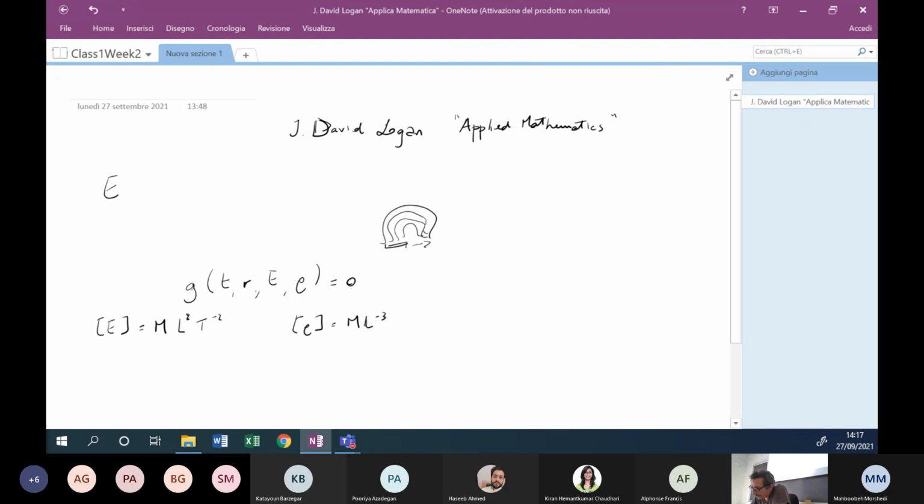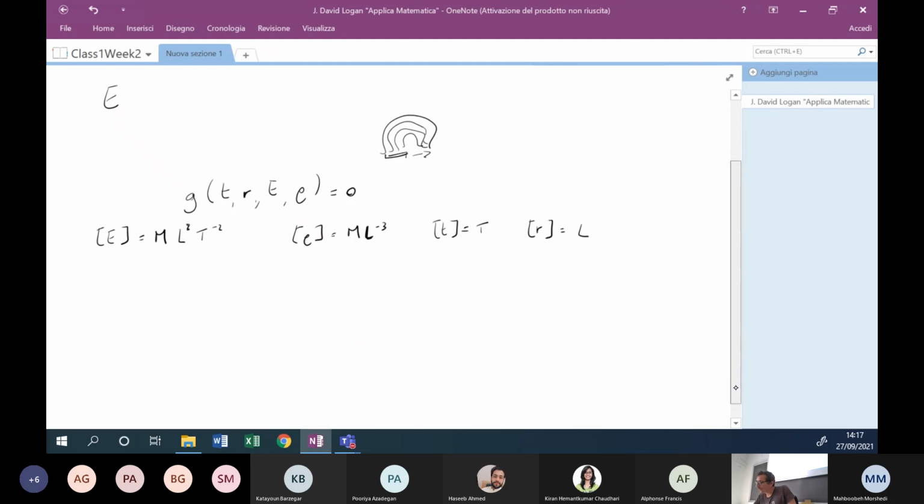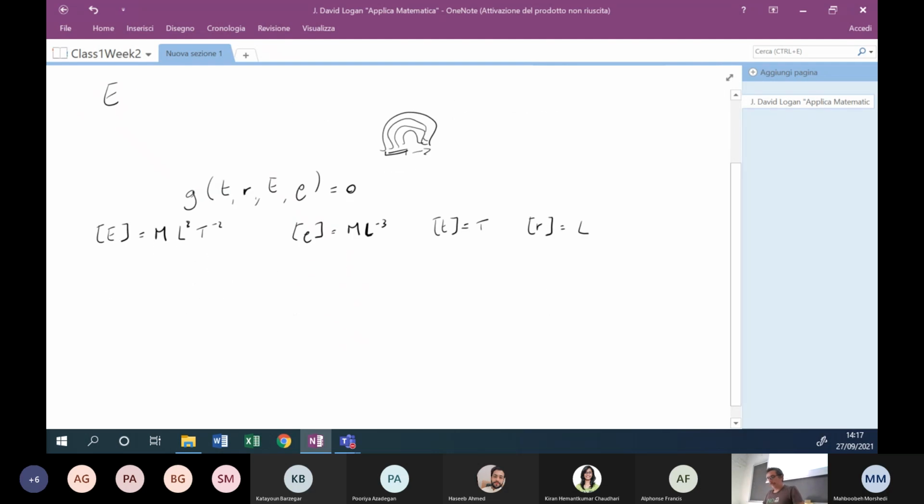So it's m times L minus 3. Then I have the dimension of time, which, guess what? Is time. And then I have the dimension of the radius of this shock wave, which is a length.